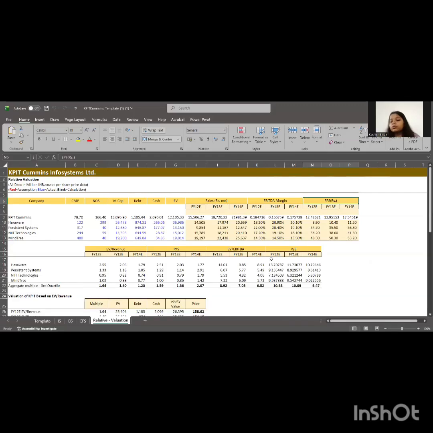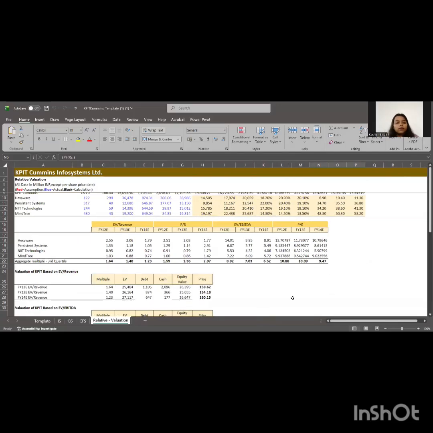Equity value is equal to fair value minus debt plus cash. Finally, divide by the number of shares to get the fair price per share. Fair price is equal to equity value divided by number of shares.